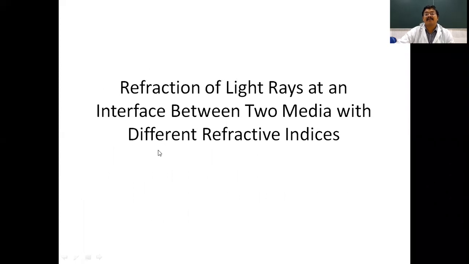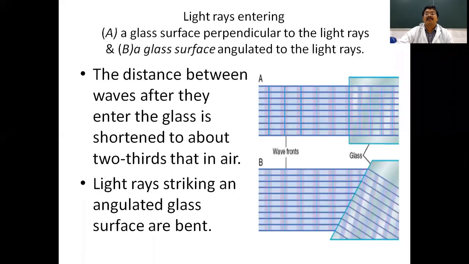When light enters perpendicular to a smooth surface, it only causes a decrease in wavelength and velocity of the light, and whenever it strikes at an angle, it causes bending of the light, called refraction.